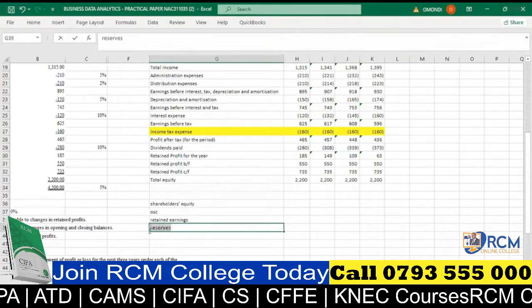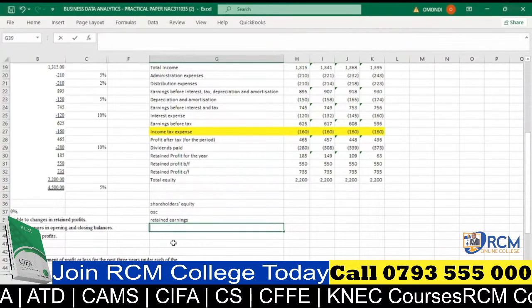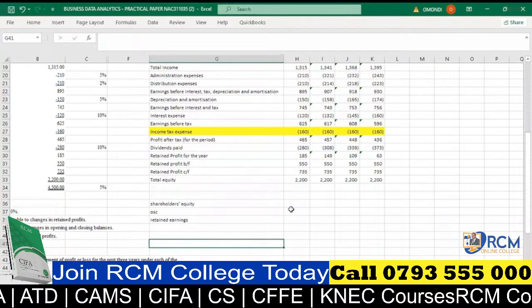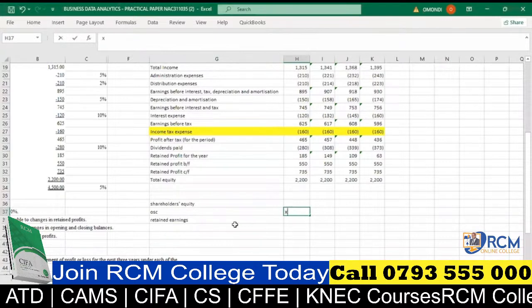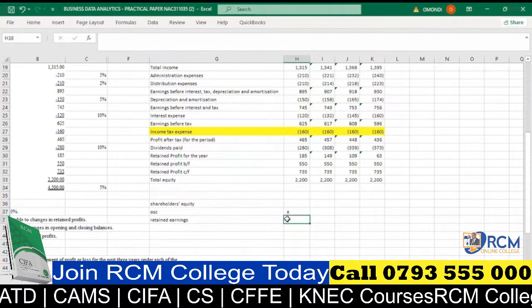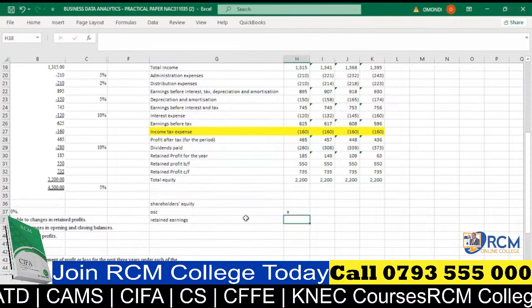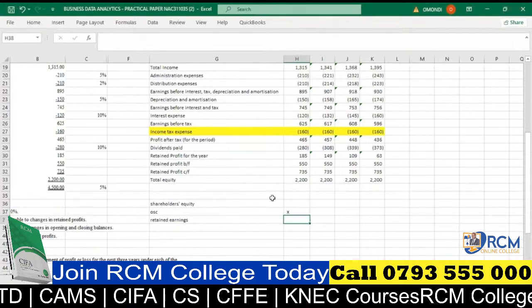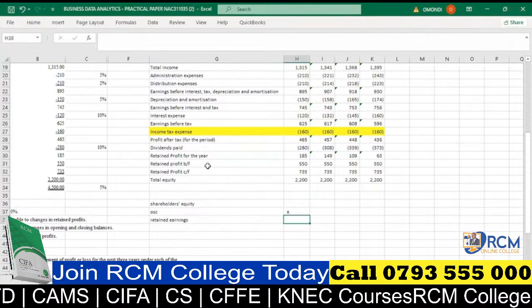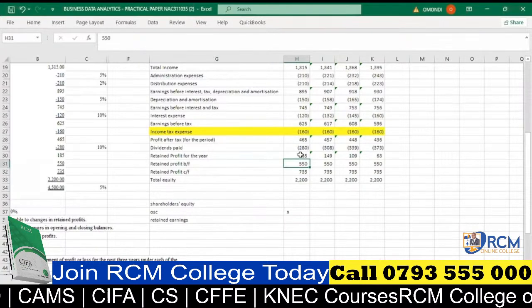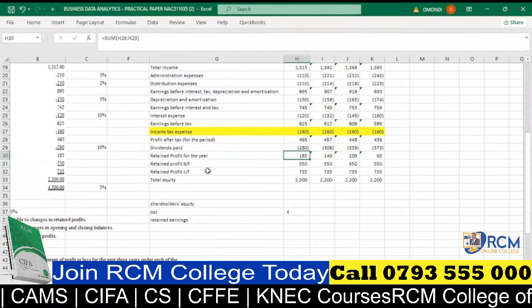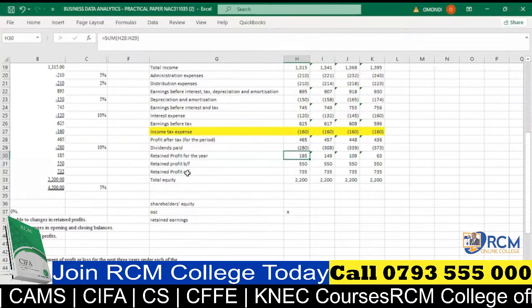The only thing that is going to appear in the shareholders equity section is the ordinary share capital, which we do not know, but we know the retained earnings. Retained earnings carried down is what we bring to the statement of financial position. Not retained earnings brought down, not profit for the year, but retained earnings carried down or carried forward.